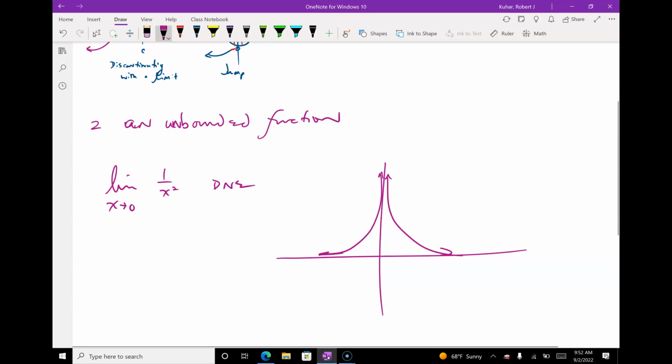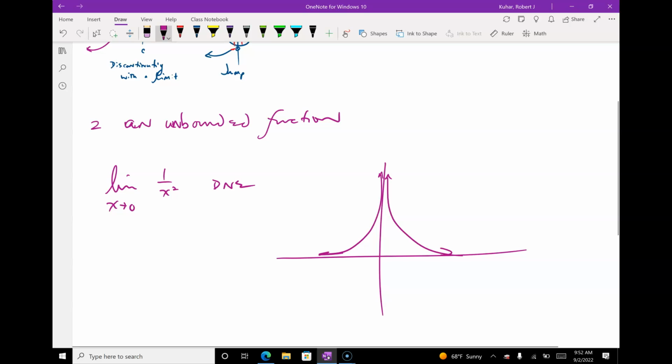Now, what's happening to these lines as x is closer to 0? What's happening to these lines? They're getting closer and closer to what? The axis? Yeah, the height's going to infinity, but the lines are getting closer and closer to the y-axis, right?